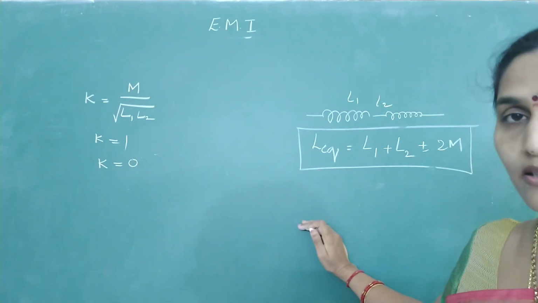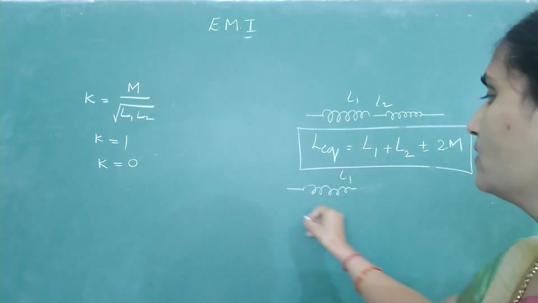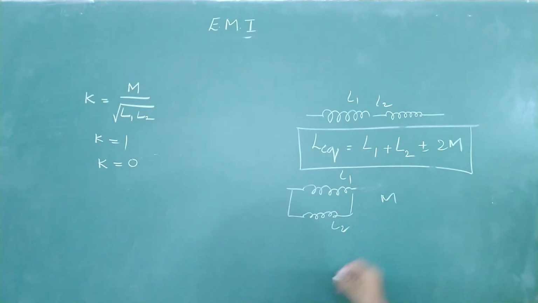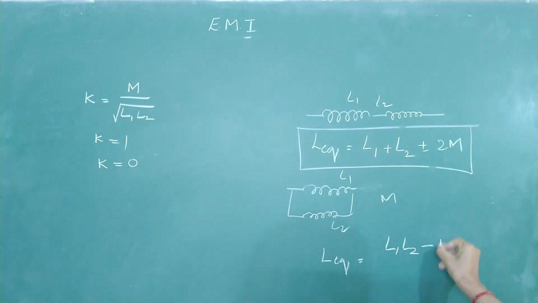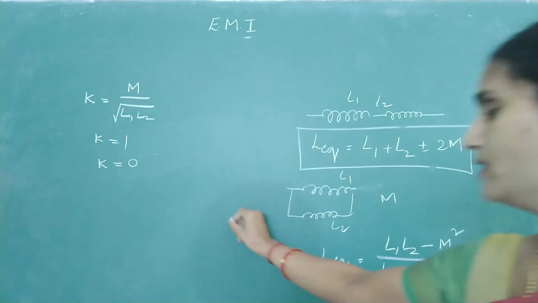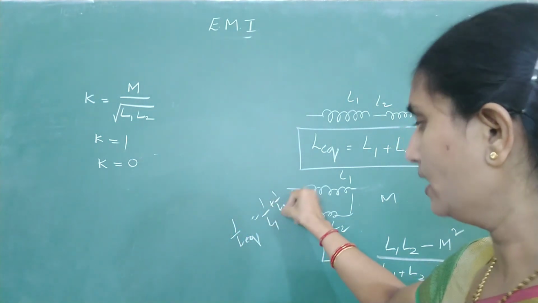For inductors in parallel, what will be the formula? If L1 and L2 are the self-inductances and mutual inductance is M, then L equivalent in parallel combination is L1 L2 minus M square, by L1 plus L2 plus or minus capital M. If mutual inductance is 0, we can write 1 by L equivalent is equal to 1 by L1 plus 1 by L2.